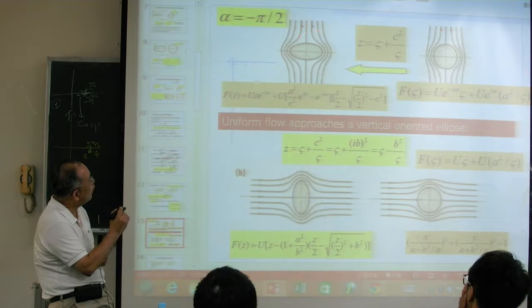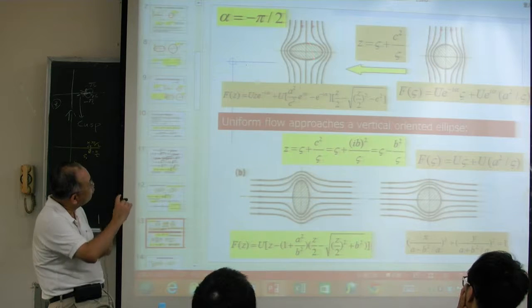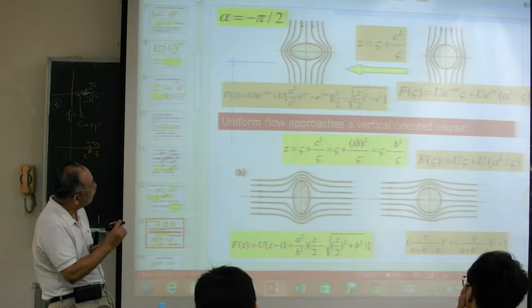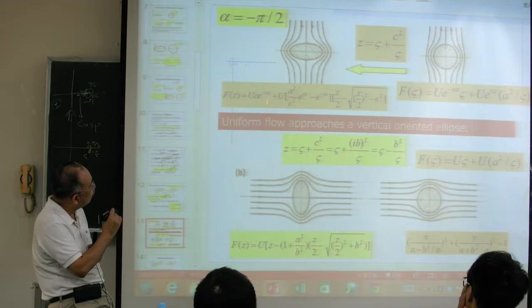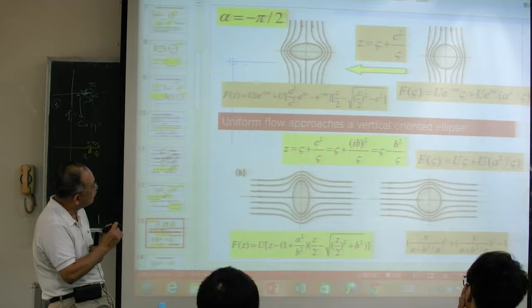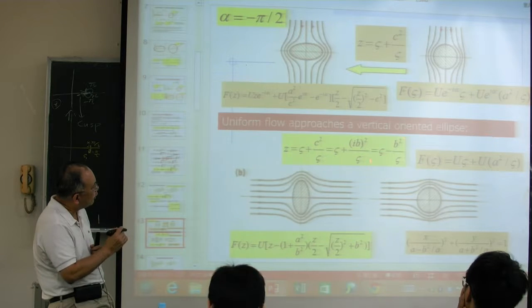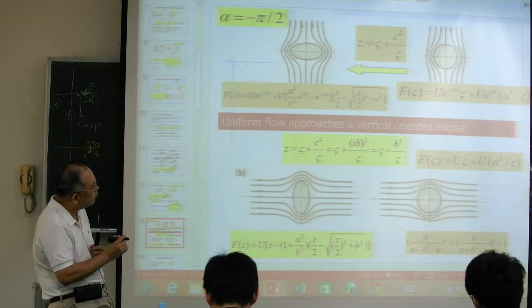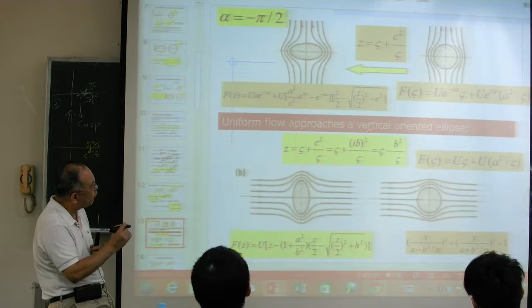If you want to rotate this flow field to this orientation, flow over an ellipse in this orientation, you can slightly change it, because this is also very similar, but only the coordinate system is different. So here C you can change to iC, and this kind of transformation allows you to transform flow over a cylinder to a vertically oriented ellipse.